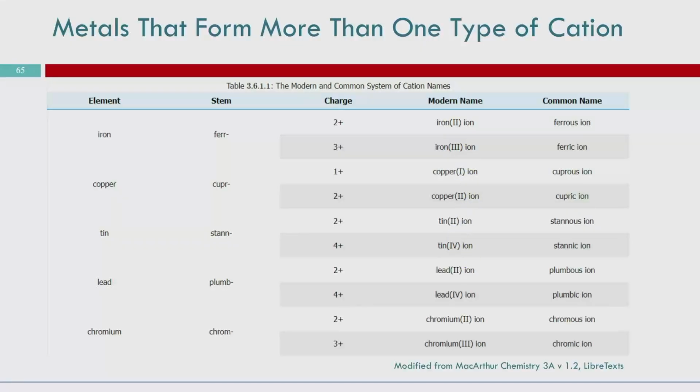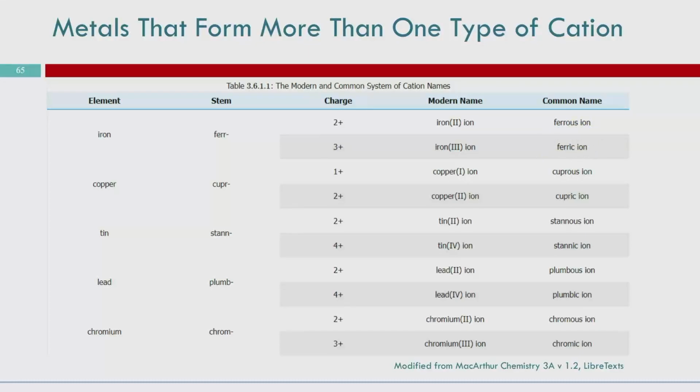In the old common name version, we use that stem, and then we have the ending -ous or -ic. So for example, iron 2+ is the ferrous ion. Iron 3+ is the ferric ion.